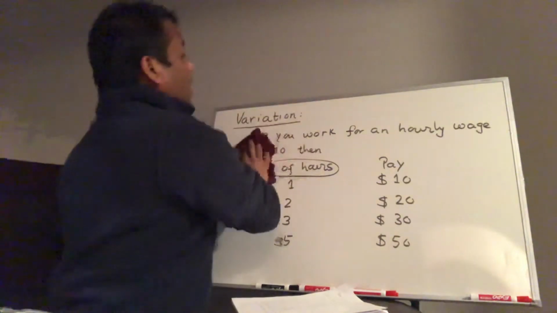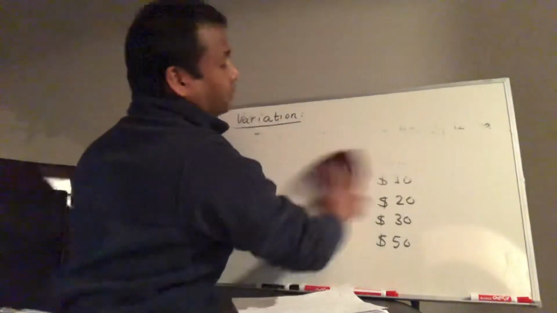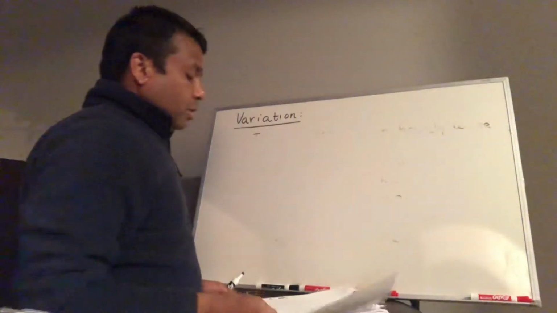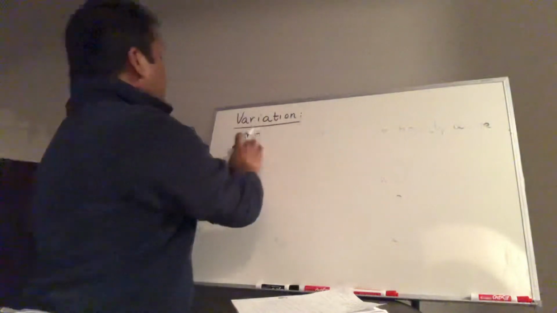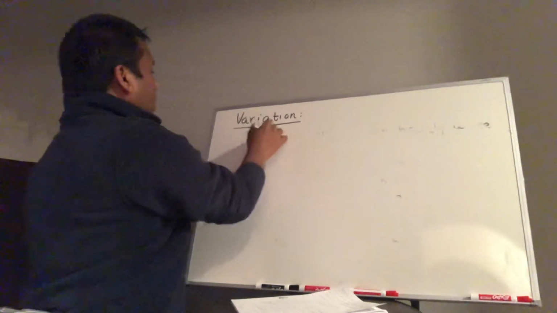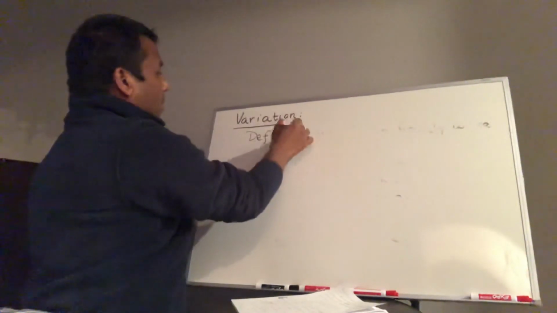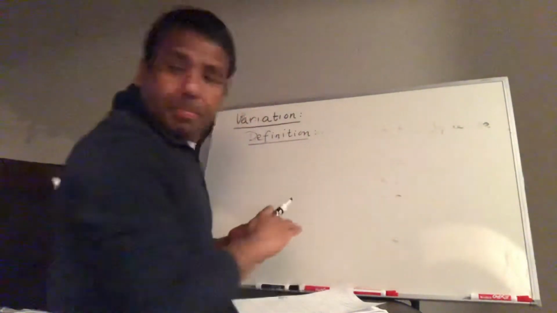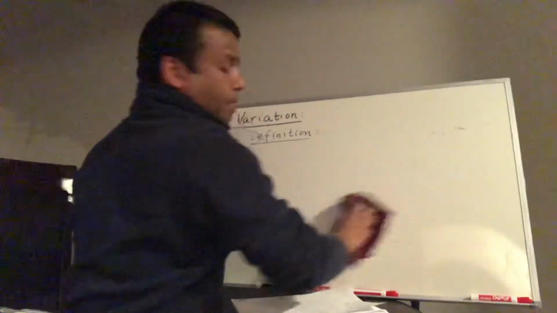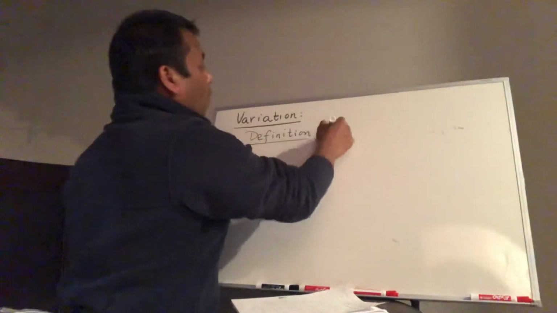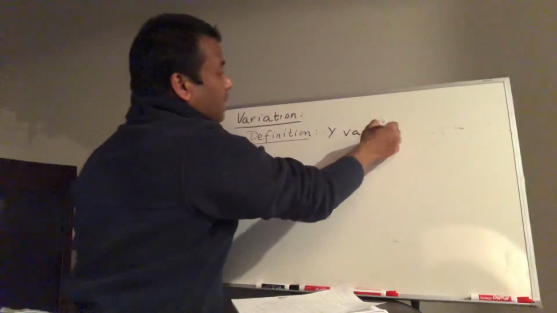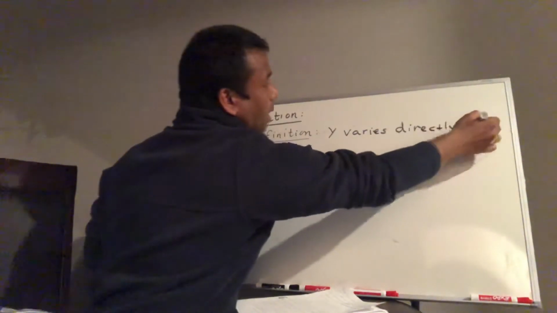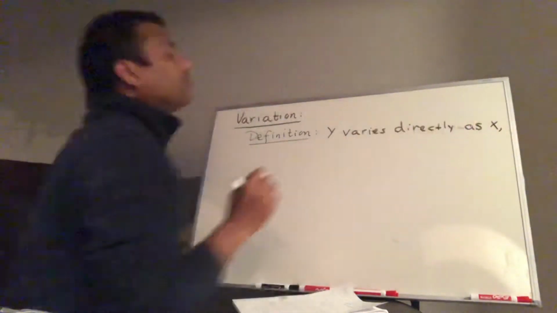So let me write down the definition, okay guys? So y varies directly as x.